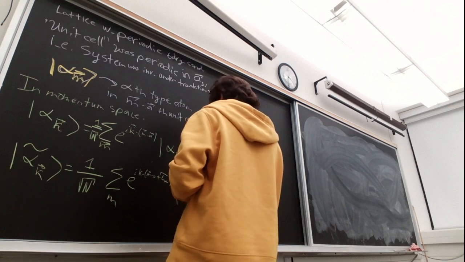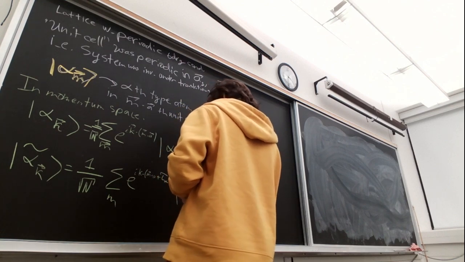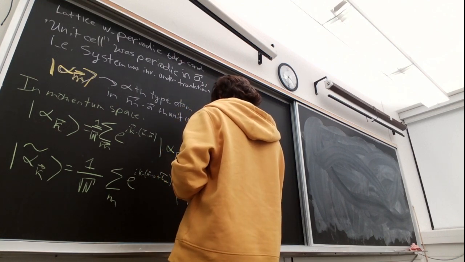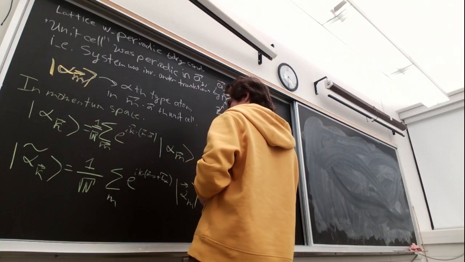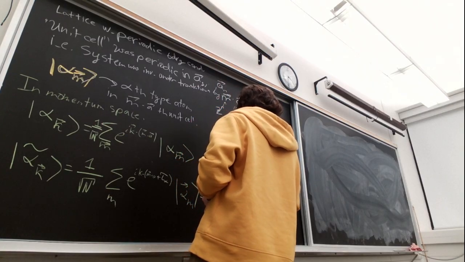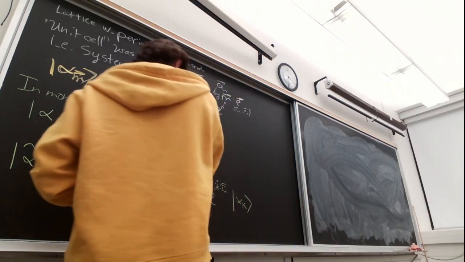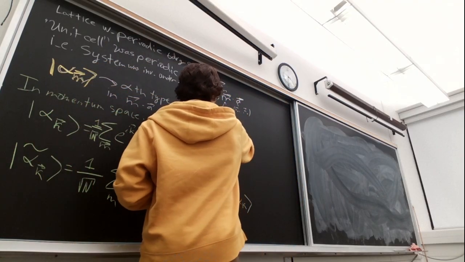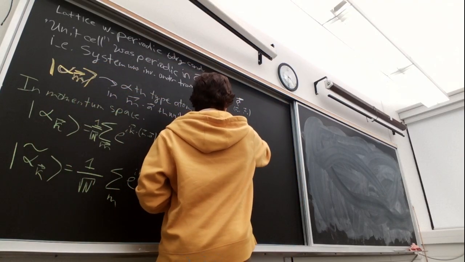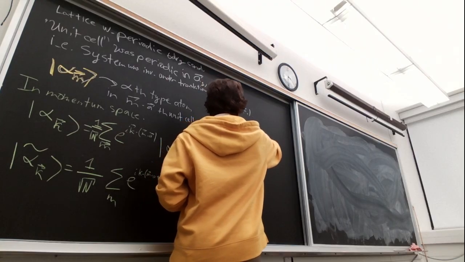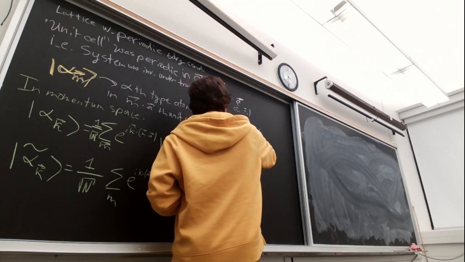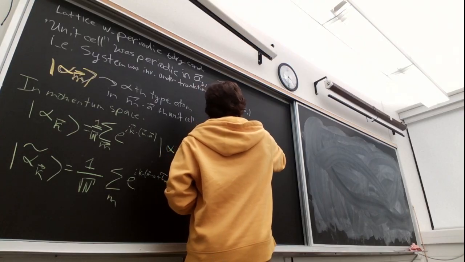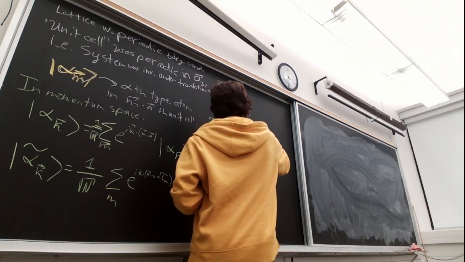So this is really just I multiply by e to the i k dot tau alpha the previous momentum vector that we had to begin with. So tau alpha is the position of the alpha atom within the unit cell.